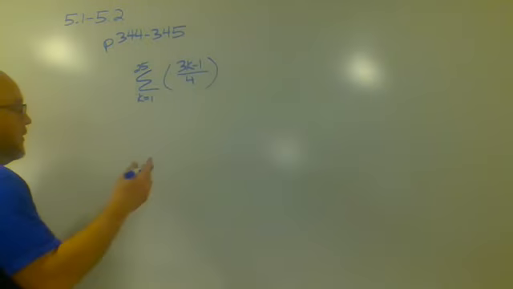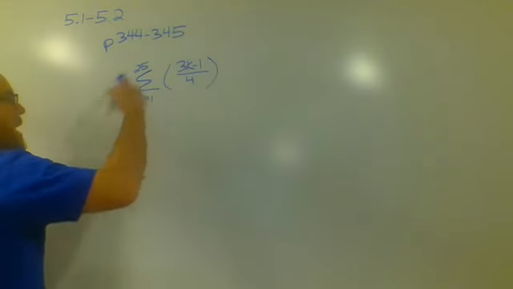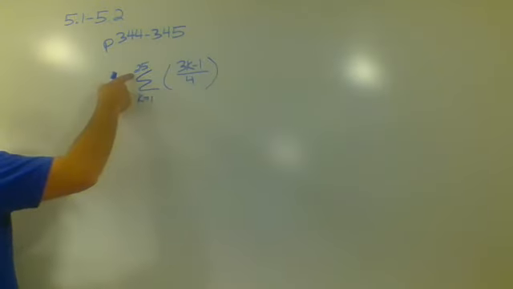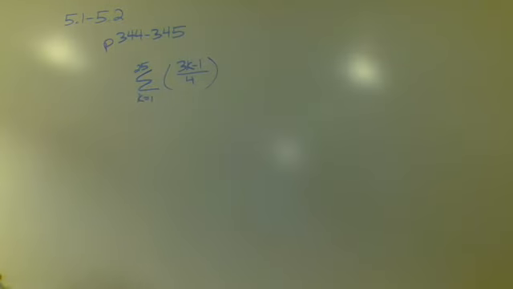And I guess those parentheses are probably unnecessary. But anyway, this is our practice. It's the first time we've done anything where we're adding up like 25 different objects. That's a little bit much to write out. So all we're going to do is use the different properties that we just had on the board to rewrite and reorganize this so that we can use the formula and come up with the answer without having to write it all out.